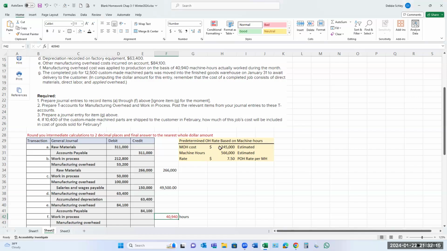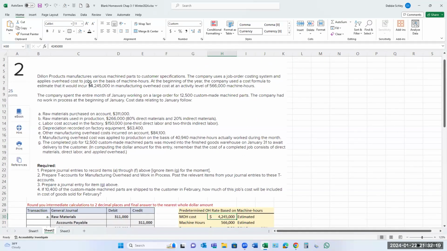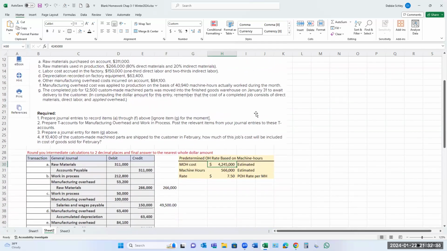So if you'll recall, that 4,245,000 was up in the very first paragraph as our estimated manufacturing overhead cost, and our estimated machine hours of 566,000 was also in that first paragraph. And you take the manufacturing overhead cost divided by the estimated machine hours, and these are both estimated, equals that predetermined overhead rate.